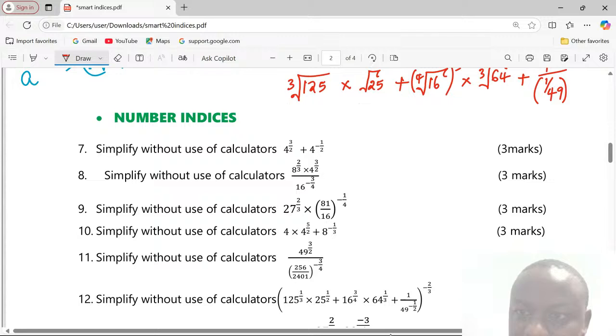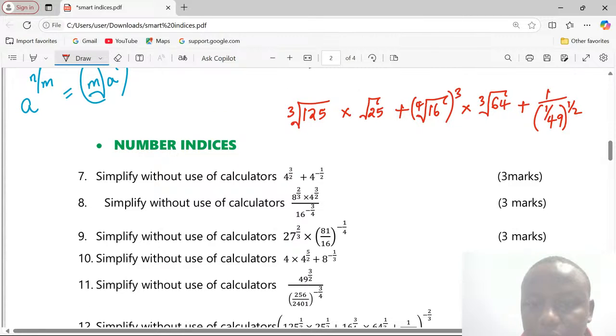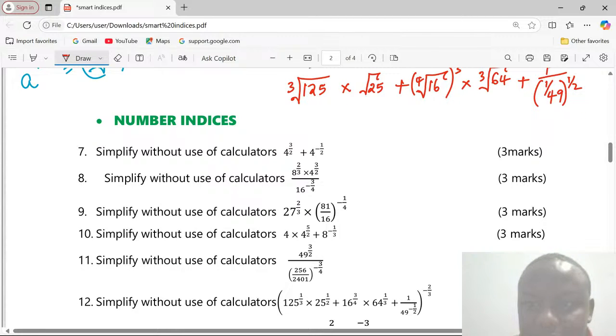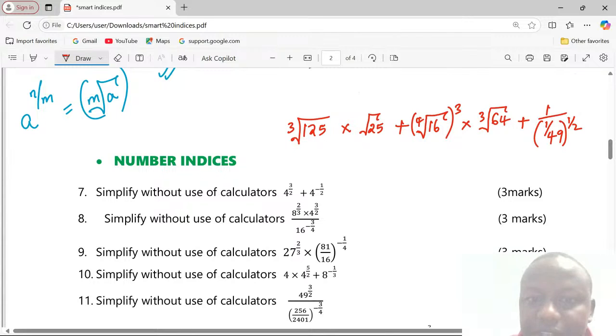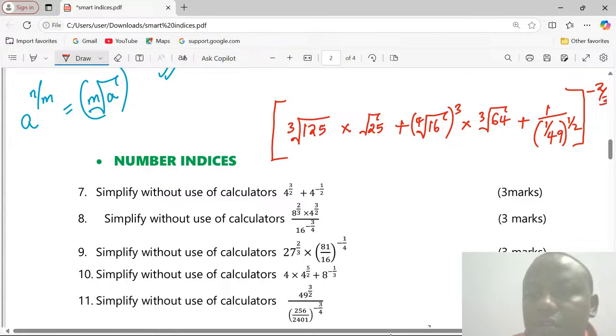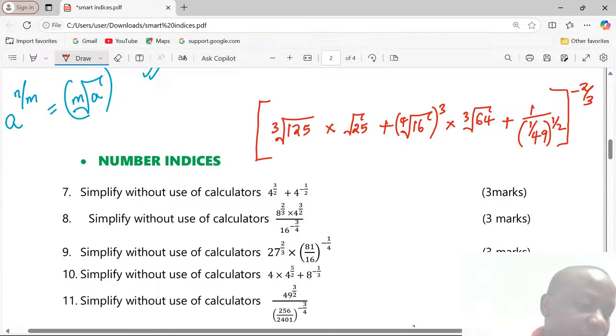Now it becomes power half. Then after this, we have to look at negative 2/3. So we have to raise everything to negative 2/3. We'll get to the negative power, don't worry. Yeah, negative 2/3. We are at that point now.